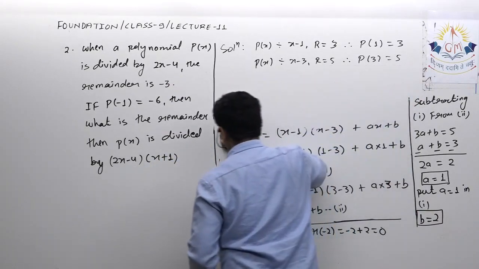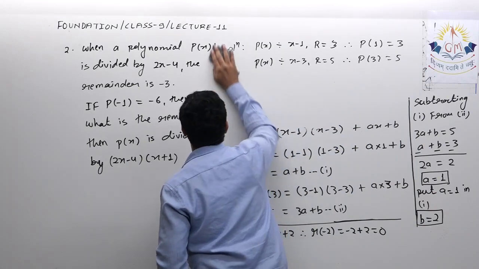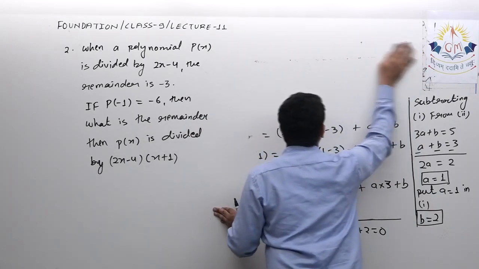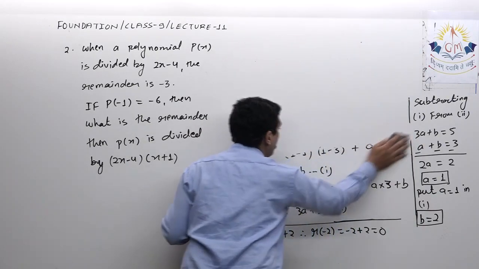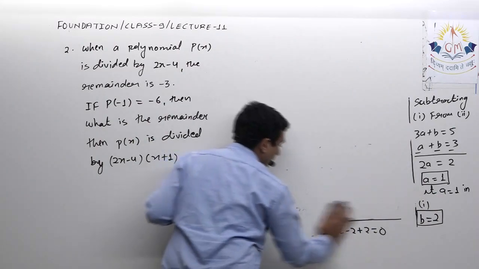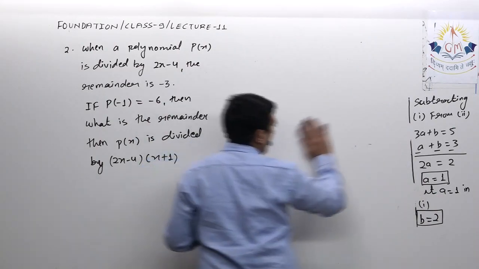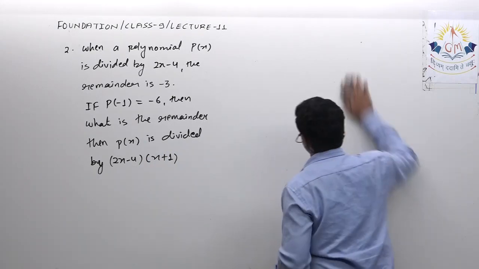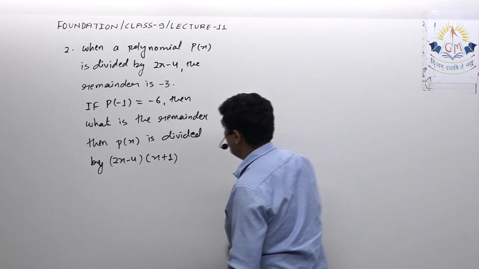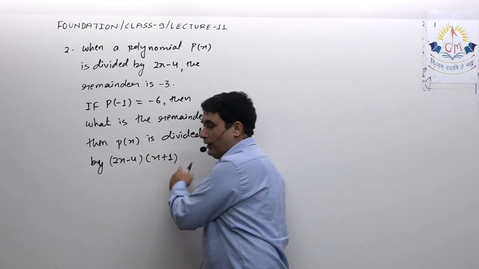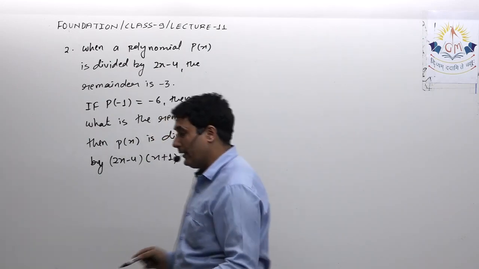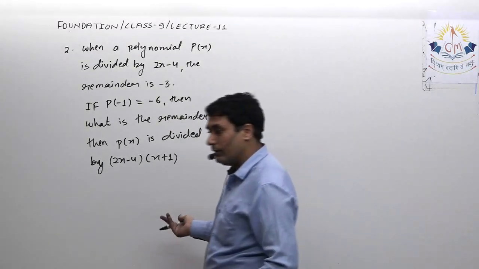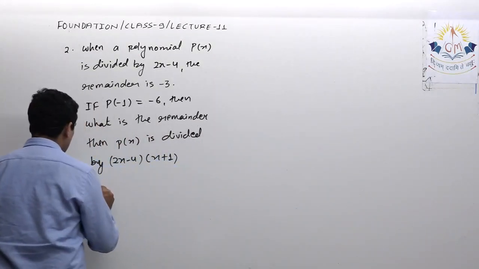Also, in the previous question they said that the remainder is R(x). They didn't ask directly to find the remainder. So here we just have to find the remainder, just like the previous sum. Again we can see that the divisor polynomial is a quadratic polynomial, which means the remainder must be a linear polynomial. We'll start.